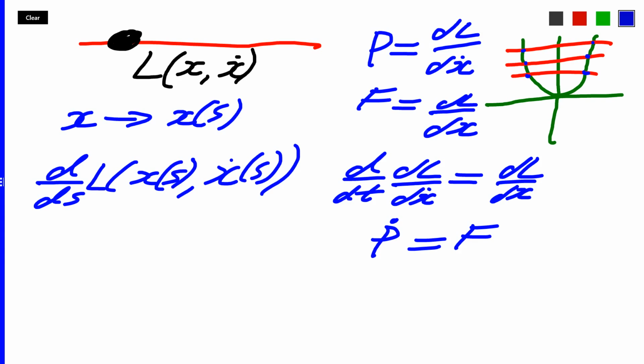We've taken x and changed it to x of s, and by definition we take x dot and change it to x dot of s. We get dL/ds of L(x_s, x dot_s). Because we're translating it to this kind of new function, if we take the differential of it, d over ds of L, that should just be equal to 0.